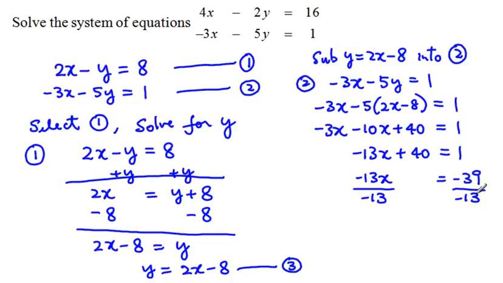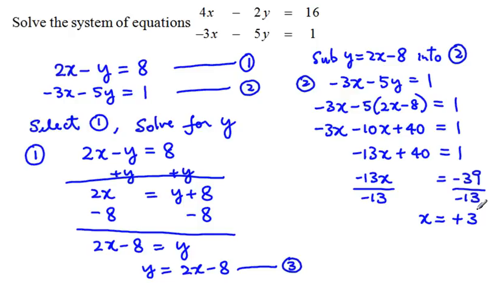We have to divide both sides by negative 13. So I have x on the left side, and on the right hand side, negative divided by negative is positive. 39 divided by 13 is 3. So x equals positive 3, or you could simply say x equals 3.